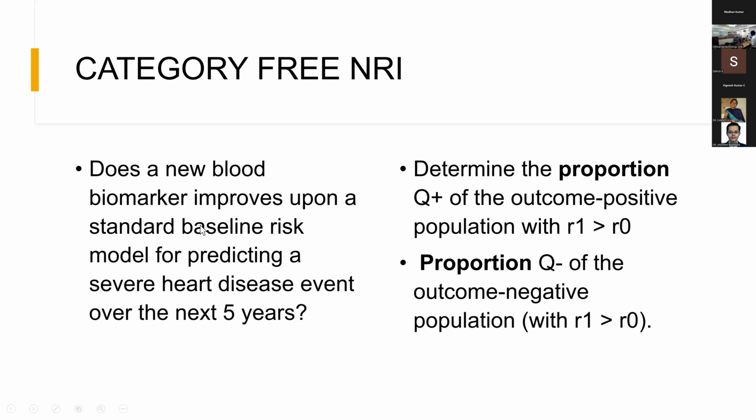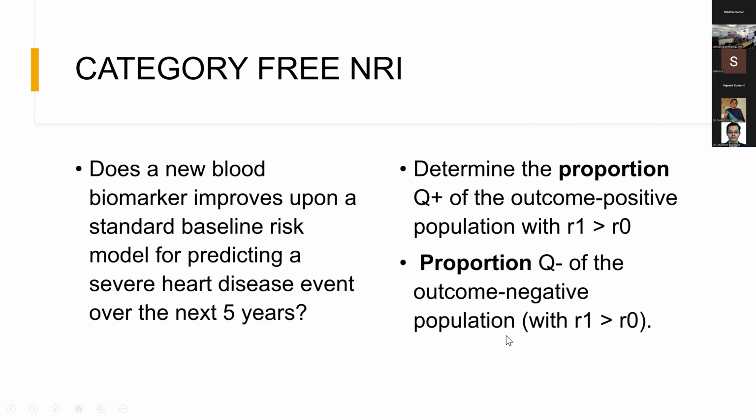So to overcome the negatives associated with the net reclassification index, some newer methods to assess discrimination include the category-free NRI. Here, this takes into account the proportion as well. So here, say for example, there is a model called the R1 model, and there's a pre-existing model called the R0 model.